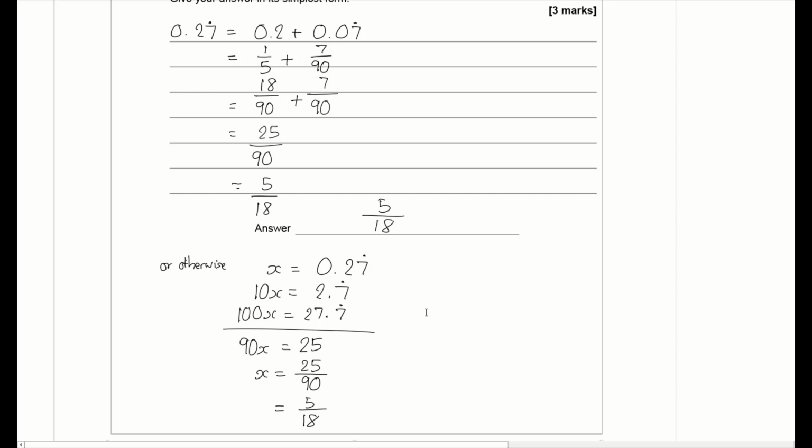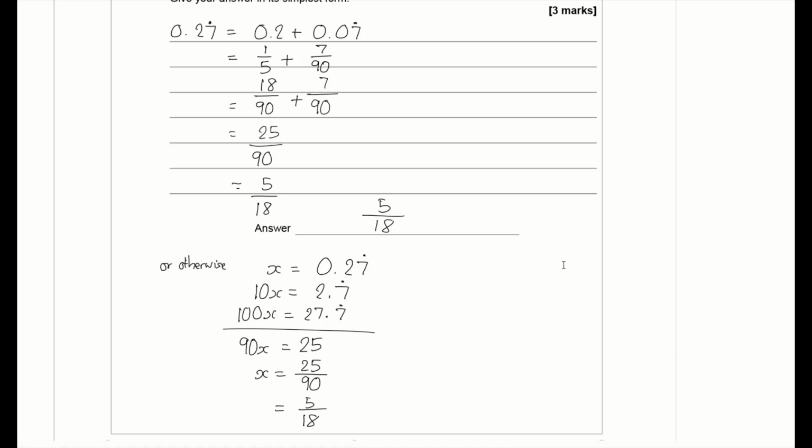Now, if we look at the initial value of x, 0.27 recurring, this is not recurring in a repeatable unit because you've got 2 first and then you've got infinite 7s after. So using x is not going to be valid for this.